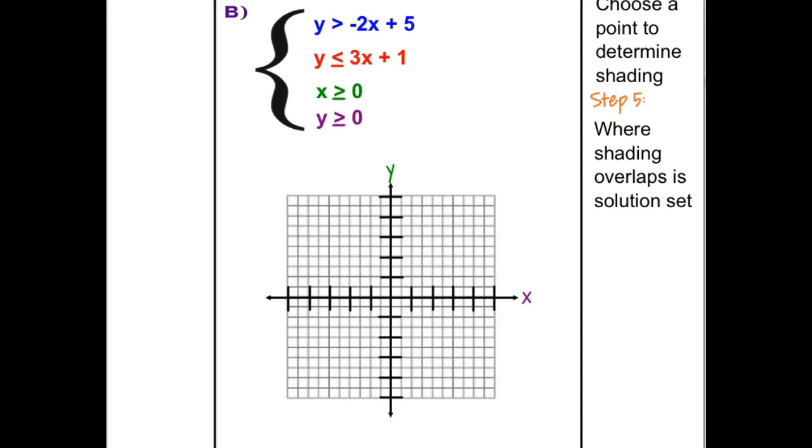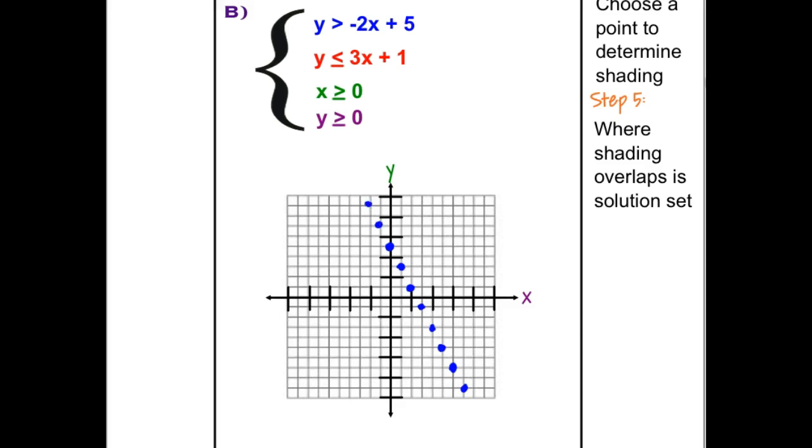So our first one, y is greater than negative 2x plus 5. So we go up 5, and then negative 2x, so down 2, right 1. We're going to continue that process all the way down to the bottom of my graph and all the way up to the top of my graph.